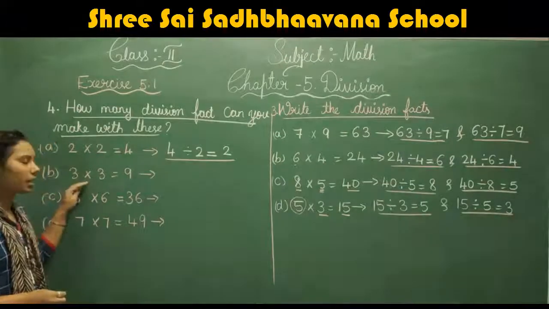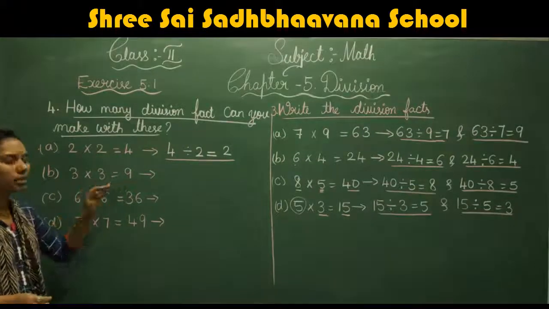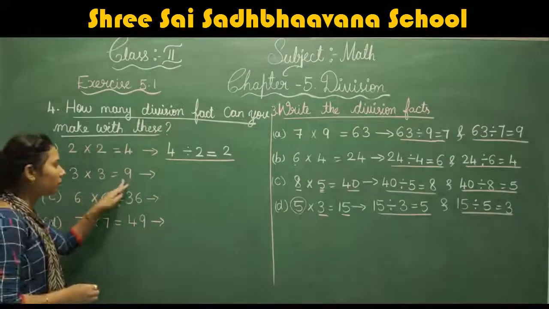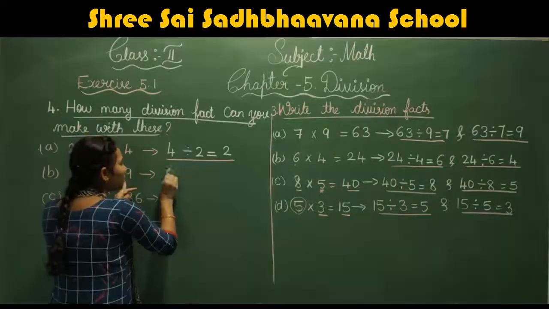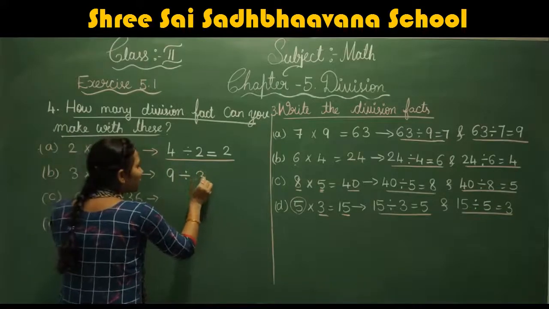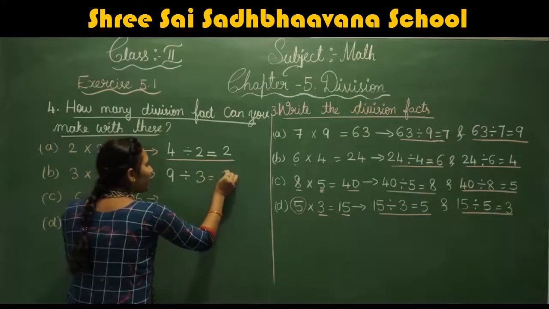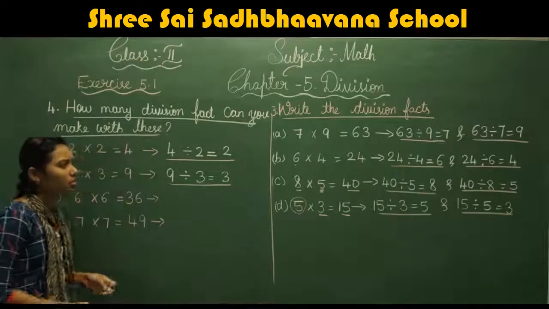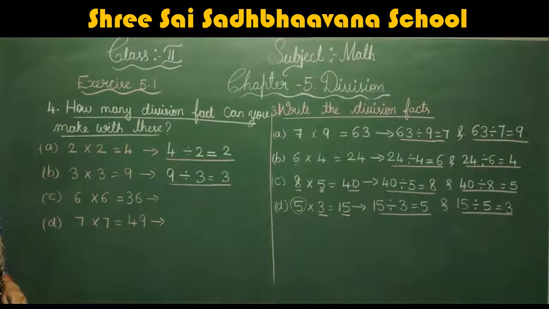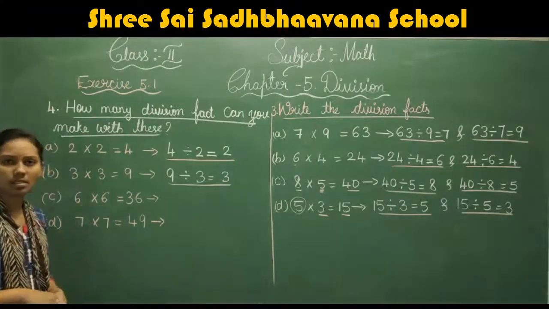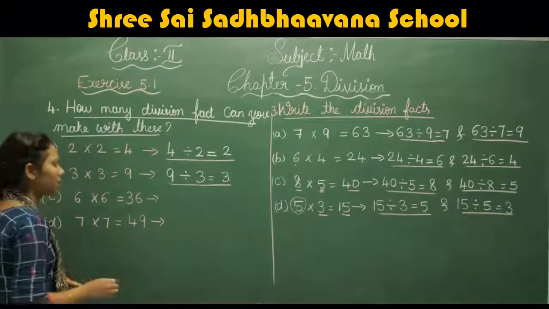In the same way, the second question, 3 3s are 9. So when you turn this into the division fact, when you divide this 9 by the number 3, you will get 3 as the quotient. Understood? Now next, see question 6 6s are 36.